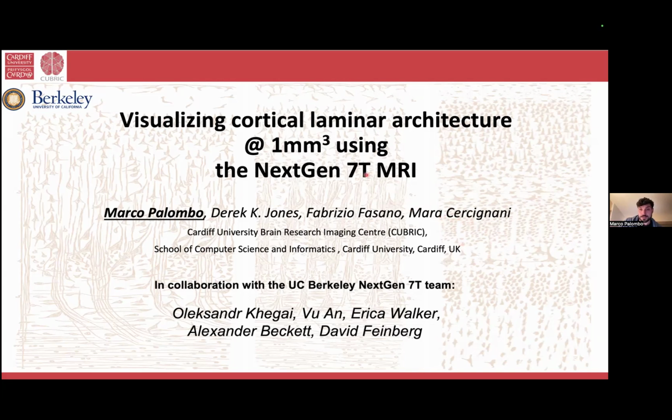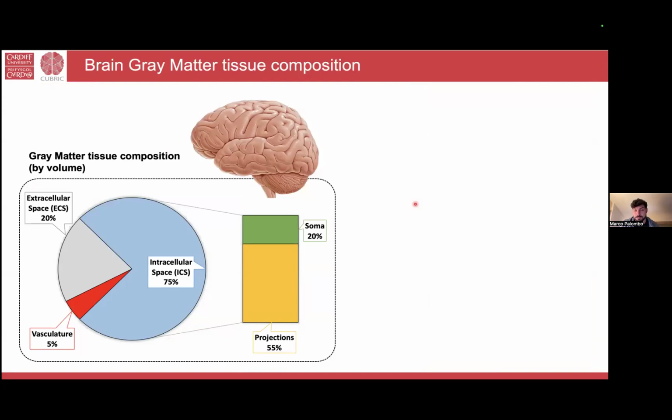And we think that the NexGen 70 really gives us an opportunity to dig deeper into the microstructure of gray matter. So the gray matter tissue is composed mostly of intracellular space. And if we look at the relative contribution of the different cellular compartments to this intracellular space, the projections, so neurite, glial fibers, and axons, represent the vast majority of the volume inside an MRI voxel in the gray matter.